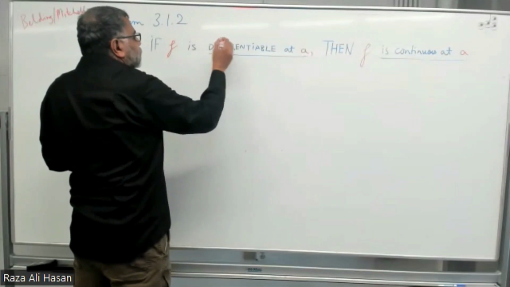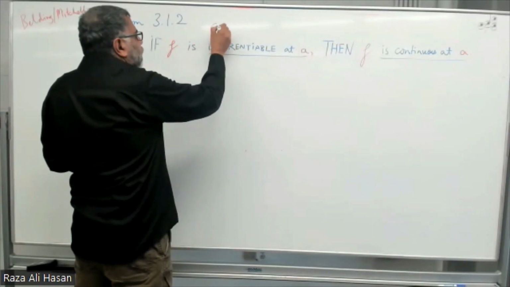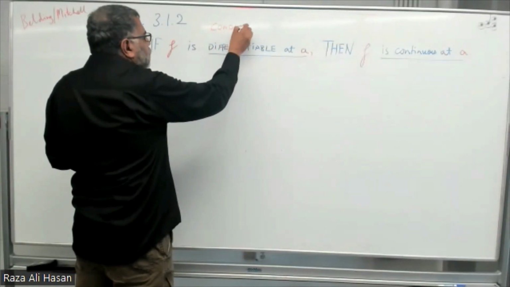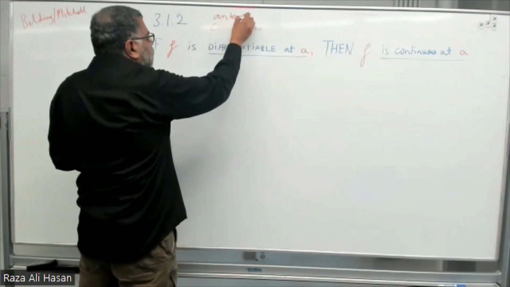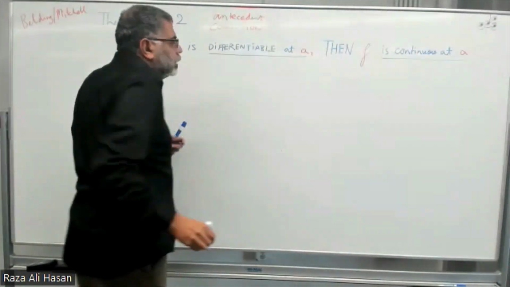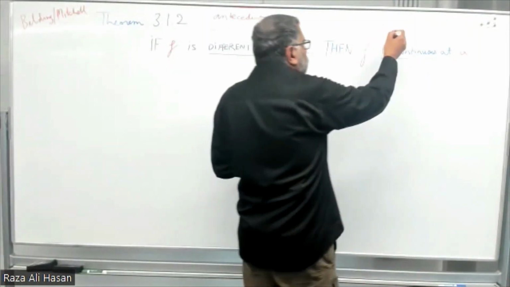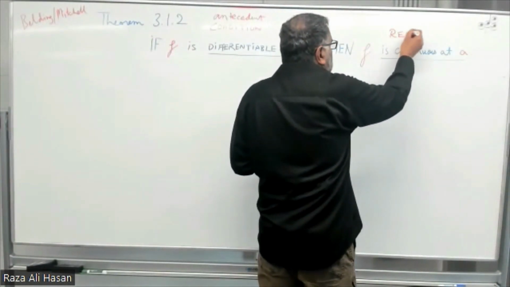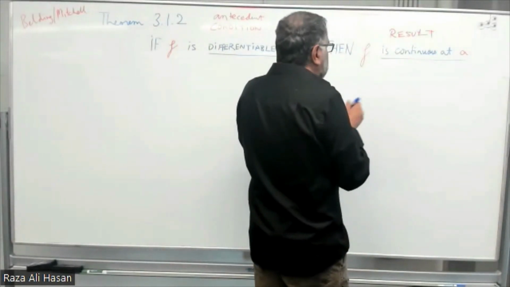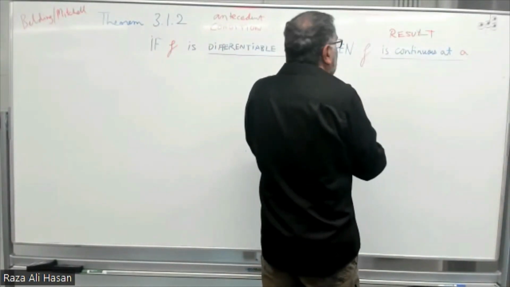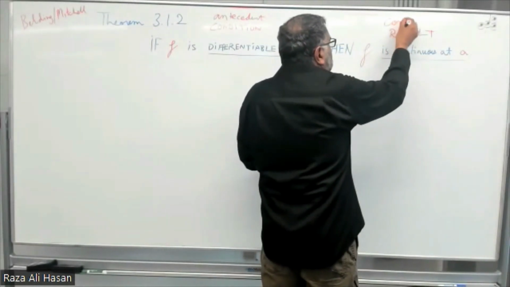These are the conditions. We only have one condition here. And the result we want to prove is this result here. This is the consequent.